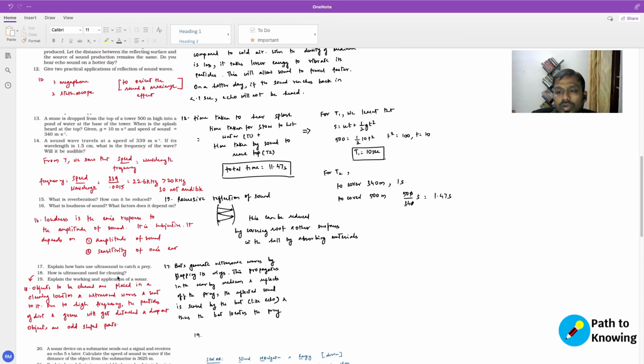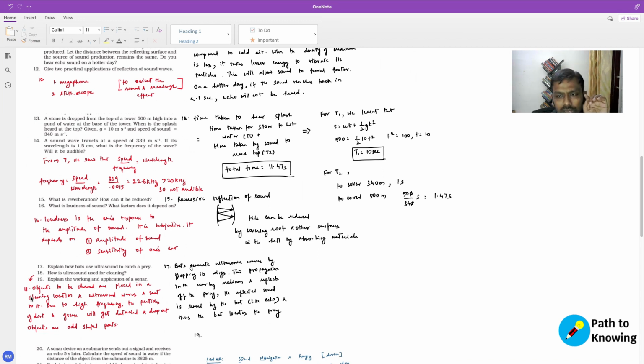How is ultrasound used for cleaning? As we discussed in the chapter, when there are small corners where you really cannot insert a brush or anything, and there is dirt, we typically fill that place with the cleaning material, and then we direct ultrasound waves to it.